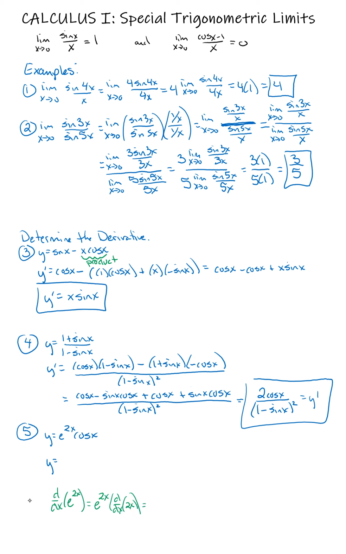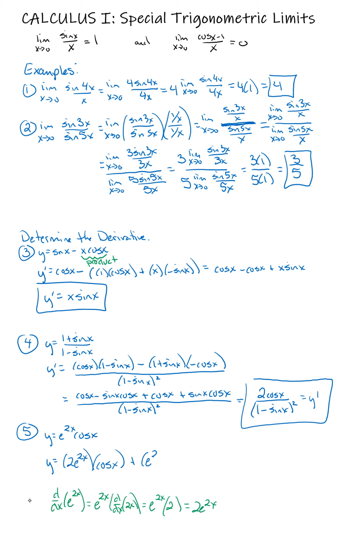So we end up with e to the 2x times the derivative of 2x is 2, which of course is 2e to the 2x. All right, so that was the derivative of the first part, 2e to the 2x times the second.